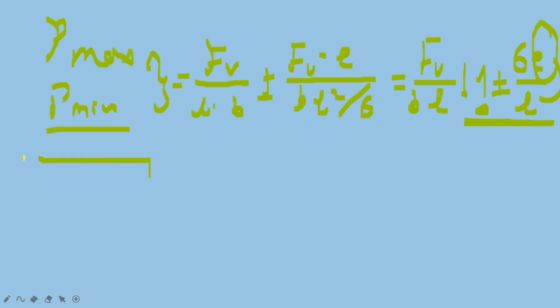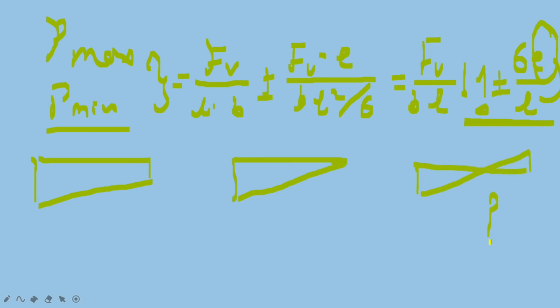If what's in the bracket is positive, the bearing pressure distribution is a trapezoid. If it's 0, it's a triangle. But if it's negative, it's not like what you might have thought. We have to consider a redistribution.